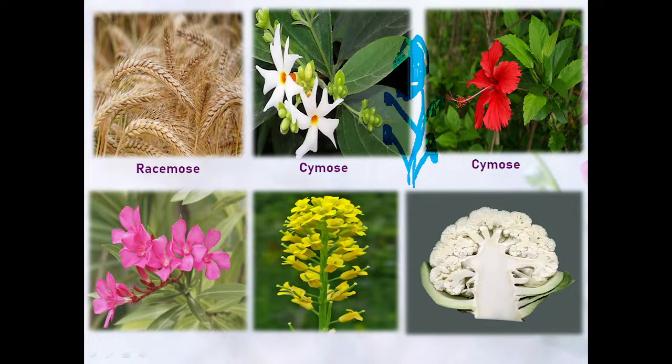It's also cymose because the older is at the top and the newer at the bottom. Done with hibiscus. Not only should you study that hibiscus is cymose, but you have to understand. Suppose any flower is given, it may be confusing, but you have to understand whether it is cymose or racemose.